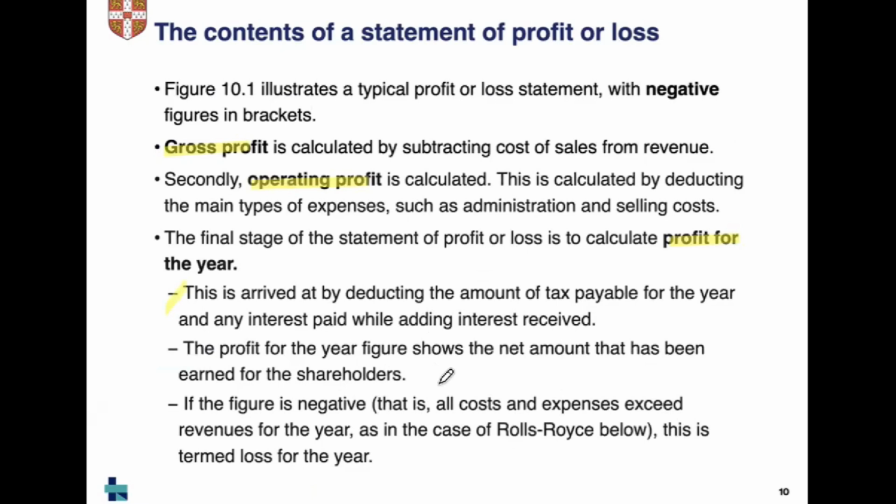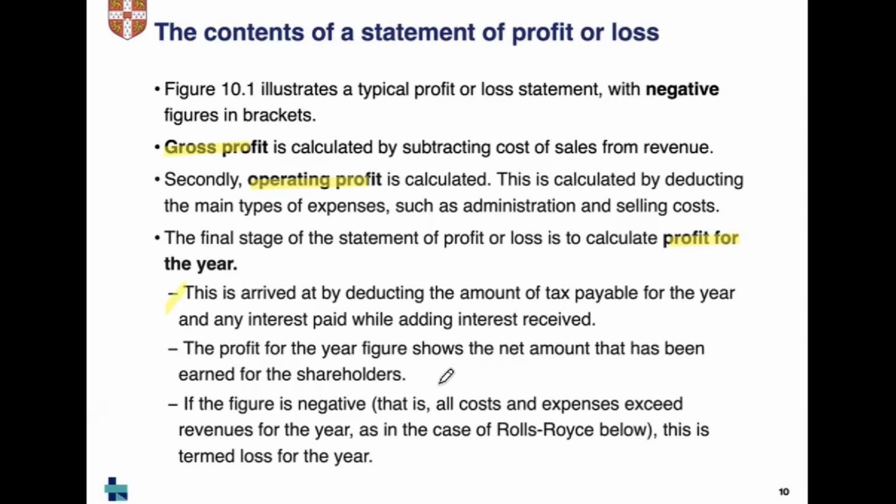Now, the business would have to decide whether to pay shareholders a dividend, or it will decide whether to retain the profits in the business. So not every year's profit is given out to shareholders. Not every year's profit is distributed to shareholders.